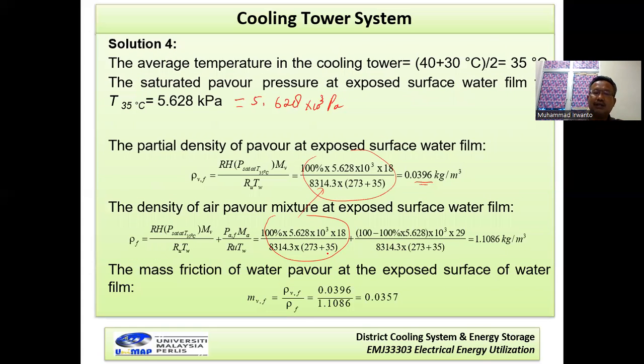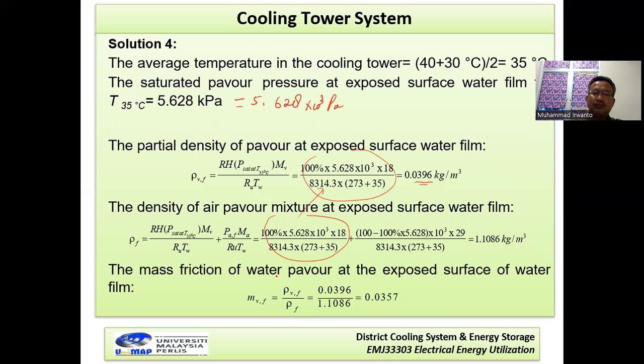Divided by RU, RU the same here, and then multiplied by TW, the same as this one. So if we calculate, we can obtain the value of rho F is equal to 1.1086 kilogram per meter cubed.